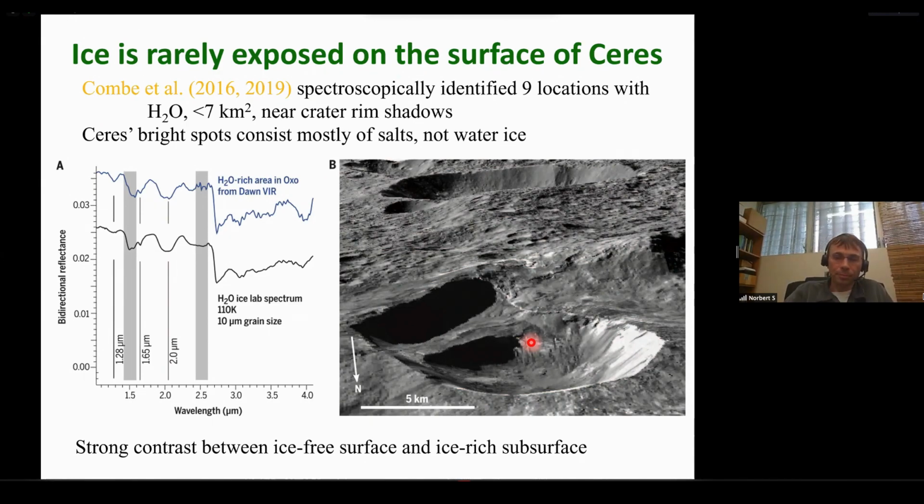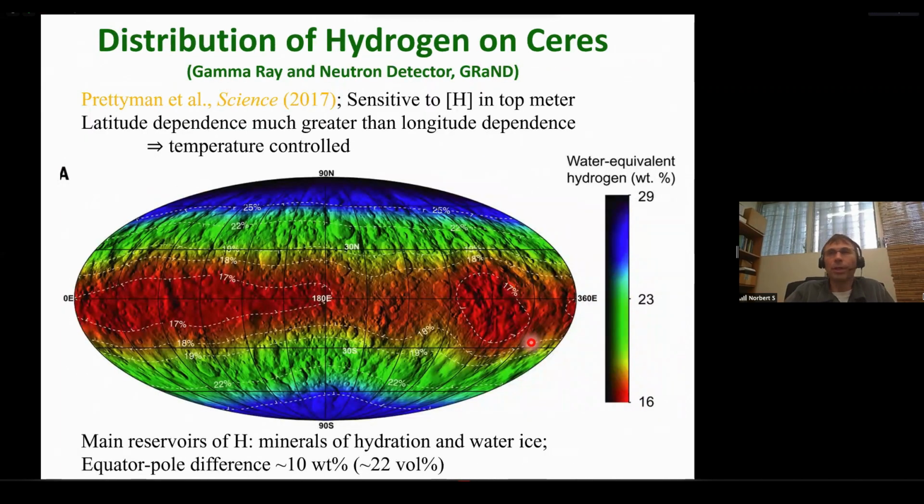It's a strong contrast, and of course a way to look at the near subsurface is with neutron spectroscopy. The GRaND instrument measures the neutrons coming back, and if there are lots of hydrogen nuclei, these neutrons get slowed down faster, so it reveals the concentration of hydrogen. There's a big north-south gradient in the hydrogen concentration, but not longitudinal, right?